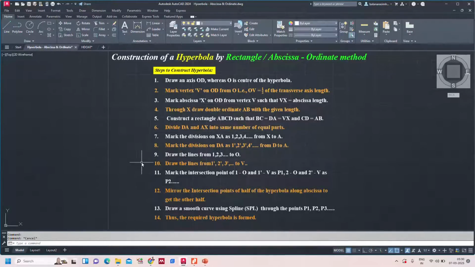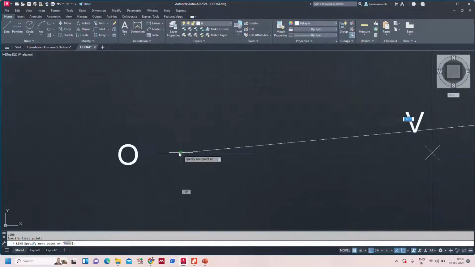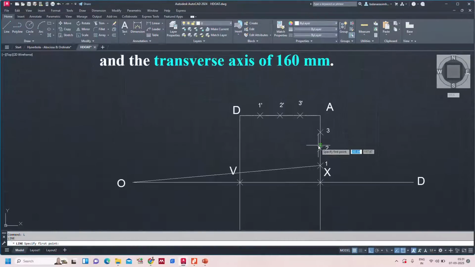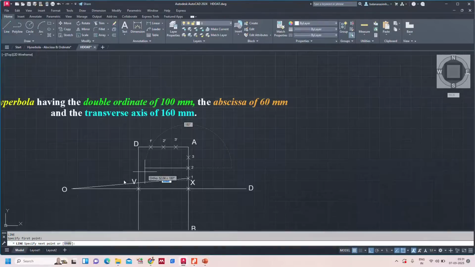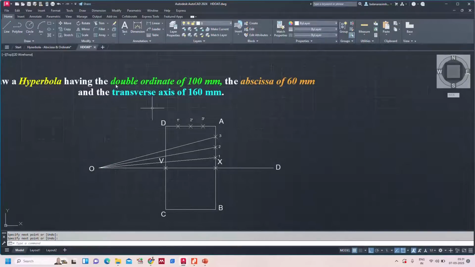Draw the lines from 1, 2, 3 to O. This is O. So now from 1 to O, 2 to O, and then 3 to O. Nice.